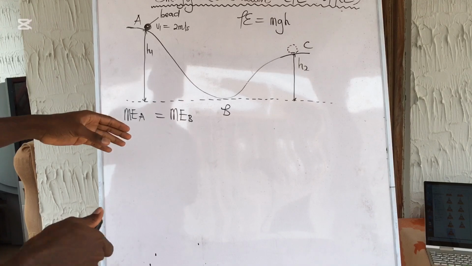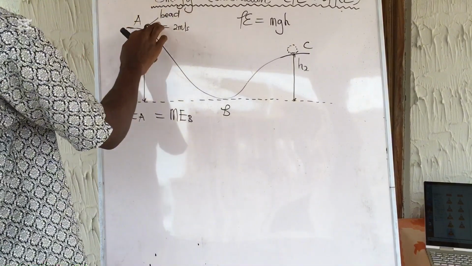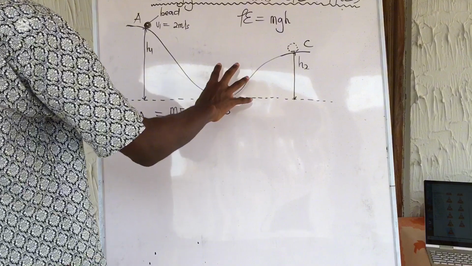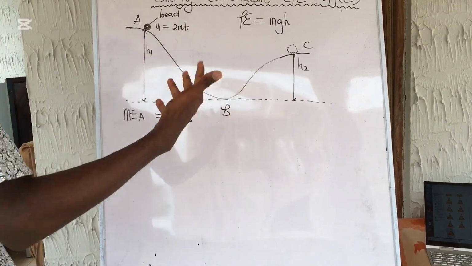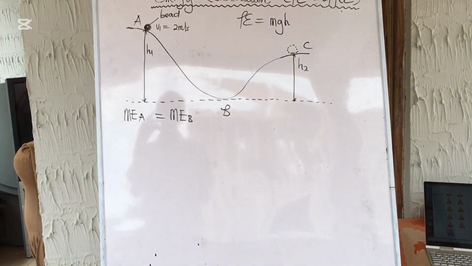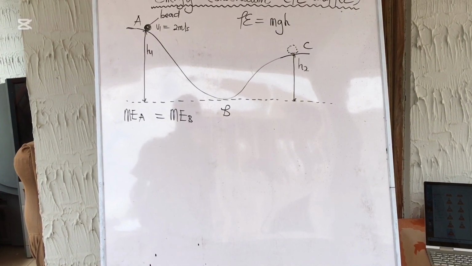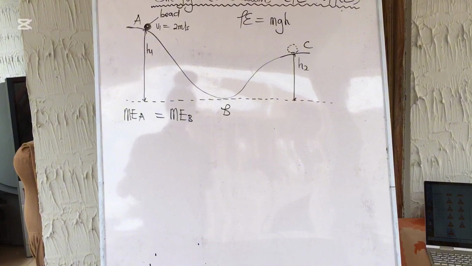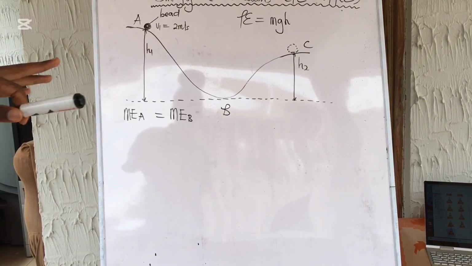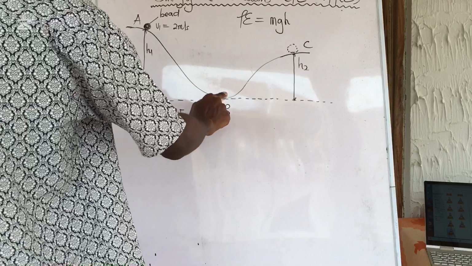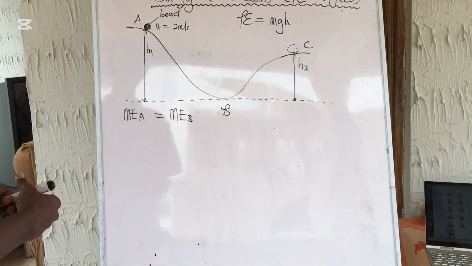So here, the sum of the potential energy plus the kinetic energy is the same as the mechanical energy, comprising the potential energy and the kinetic energy, at point B. So at point B, if the mechanical energy is only equal to kinetic energy, then this means that potential energy is 0, because there is no height here. So potential energy is 0.